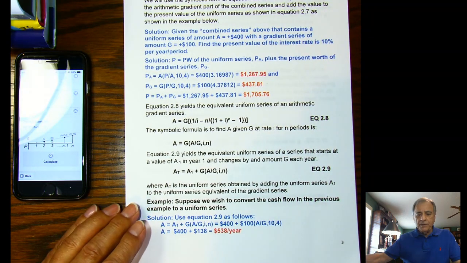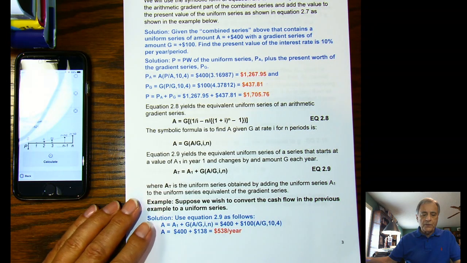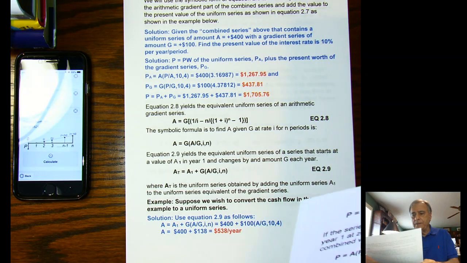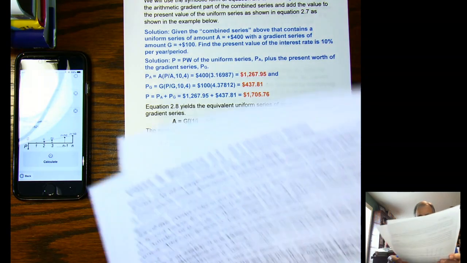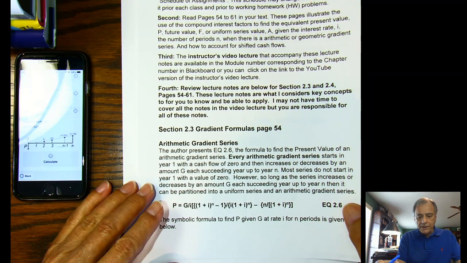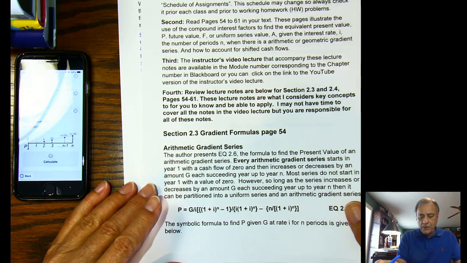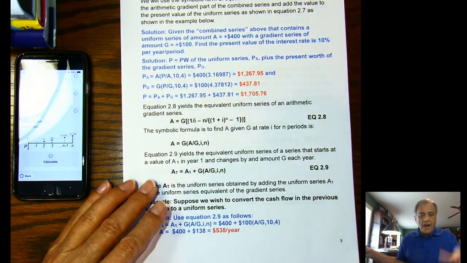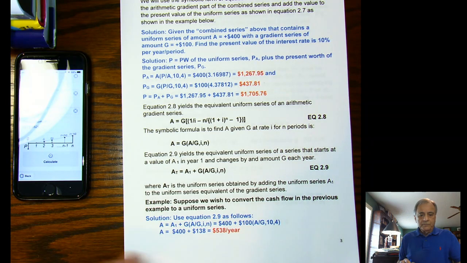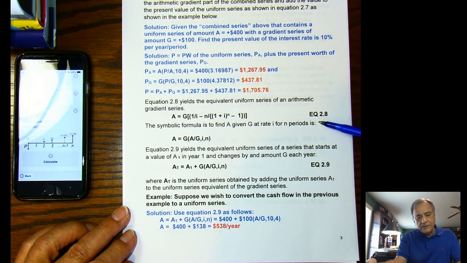The algebraic formula for the present worth of the gradient series that I gave way back on the first page, this formula is only good if I is the interest rate. Let's see. This is the algebraic formula.